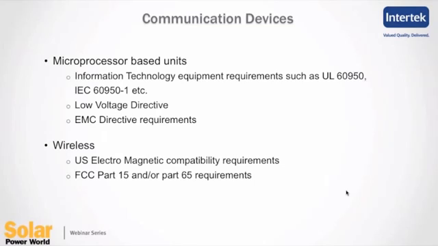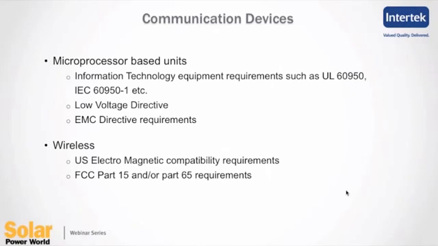Real quick before I wrap up on the requirements, certain devices have communication electronics included, whether wired or wireless. There are specific regulatory requirements you also have to consider. If there's any kind of a microprocessor control within the system, then you're looking at having to meet the 60950 requirements in the US, as well as in Europe, the Low Voltage Directive and EMC Directive requirements for selling these products in Europe.